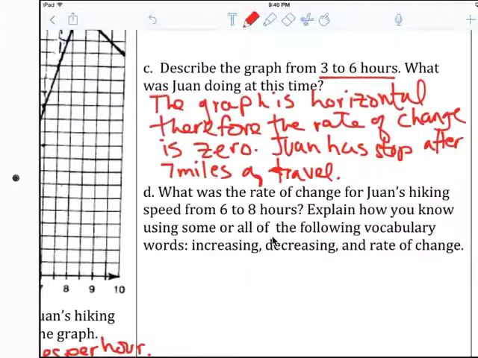He may have stopped for a drink of water, or stopped to visit a friend.